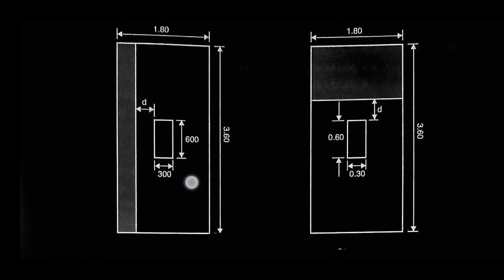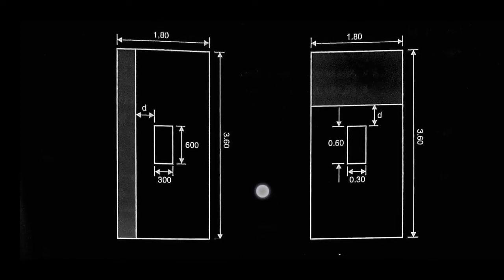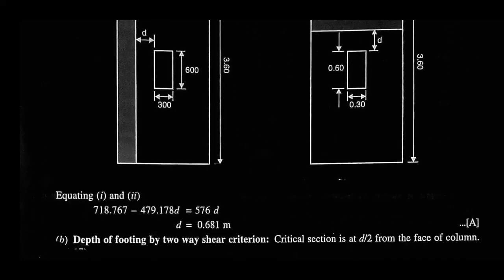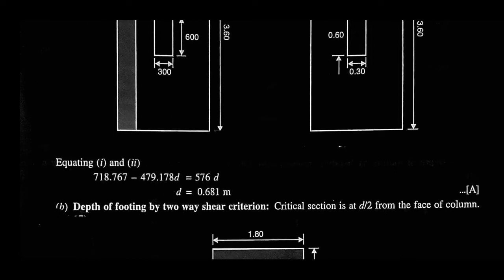On the left side you can see the one-way shear is along the longer direction, and in the picture on the right side the single shear is along the shorter span. Now equating equation 1 and 2, we will get the value of depth d.